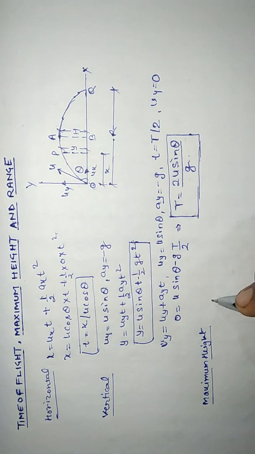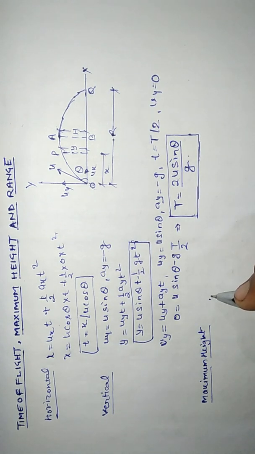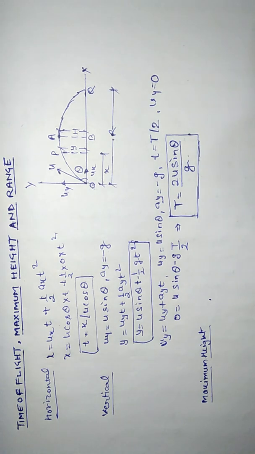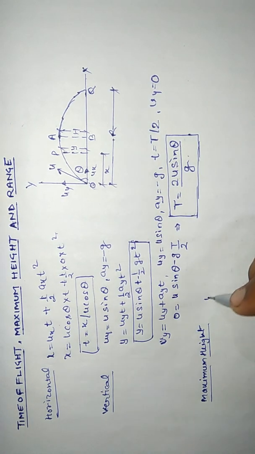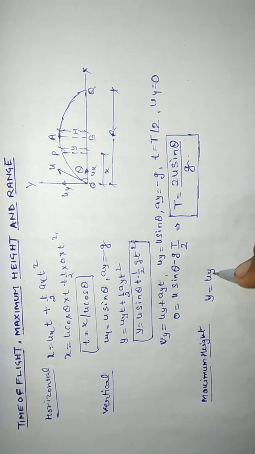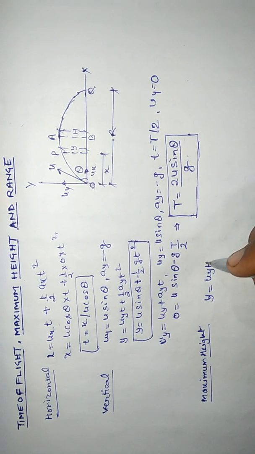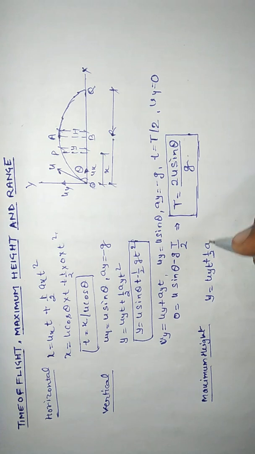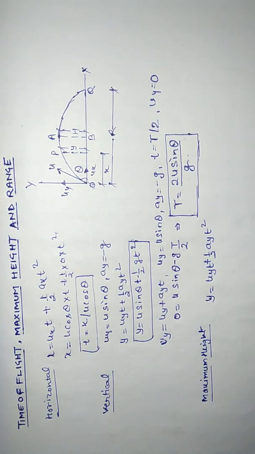Now the distance covered by the projectile in time t along the y-axis is given by y is equal to uyt plus half ay into t square.